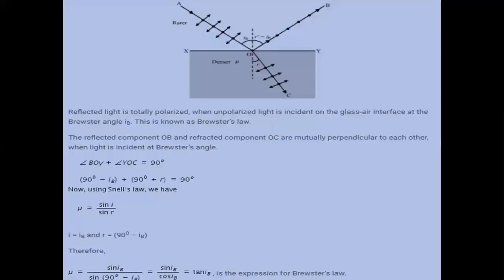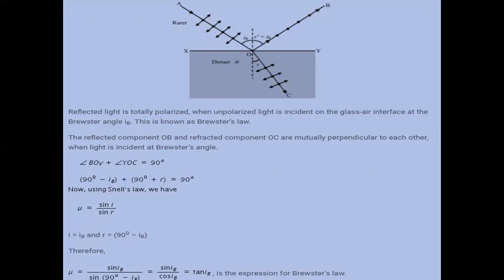Now we prove mu is equal to tan IB. Let us consider an unpolarized light incident on a medium of refractive index mu. Here there are two media and the refractive index is mu. AO is the unpolarized incident ray.